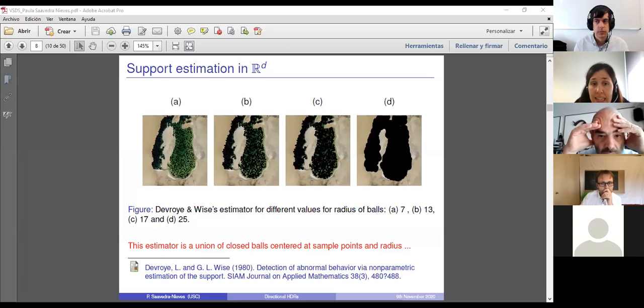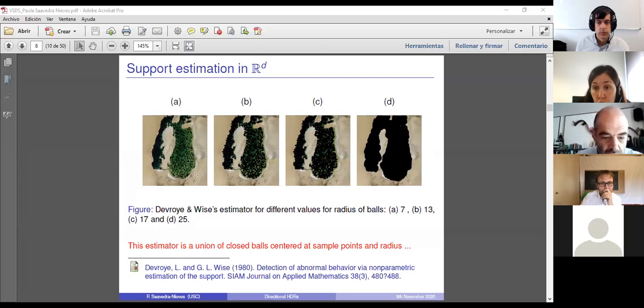And you can see that this estimator is a union of balls with centers at sample points, and the radius must be selected by the practitioner. So in these figures, I show you three possible selections of the radius. And as you can see, if I select very small values of the radius of the balls in A, I have a very fragmented estimator.